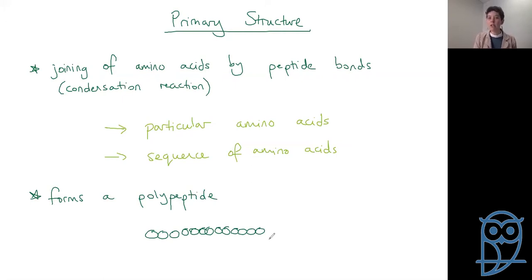It's not actually a functional protein yet. Because after primary structure, we've now got to have some fun. First level of fun is secondary structure. And here we have folding and coiling of our polypeptide.